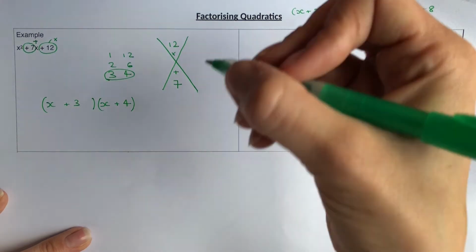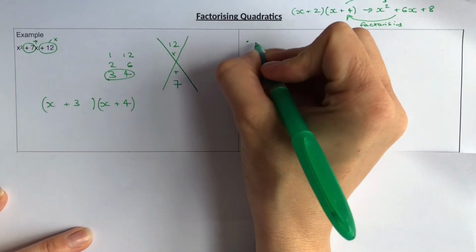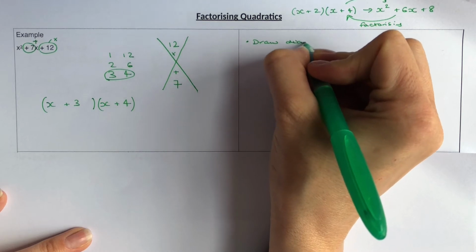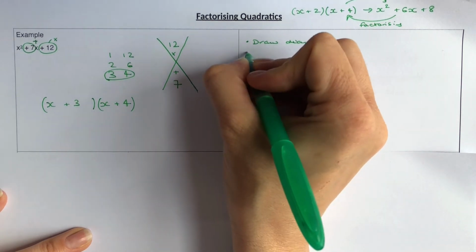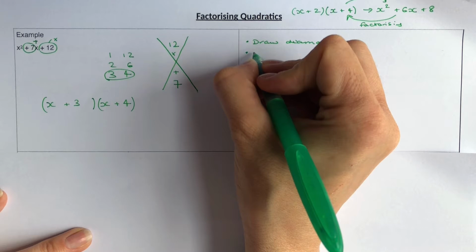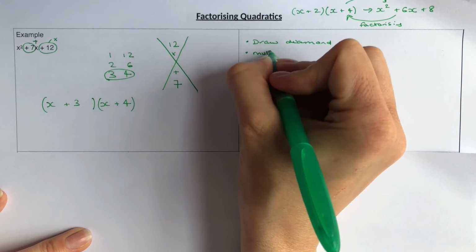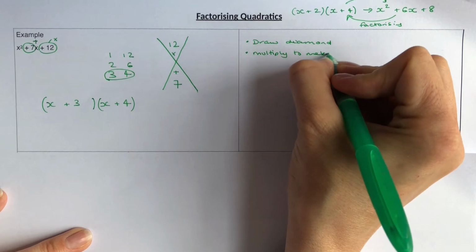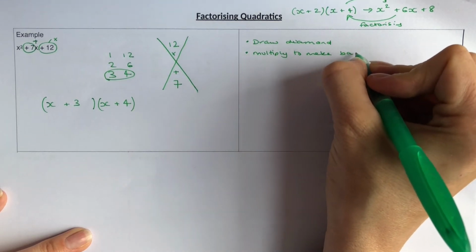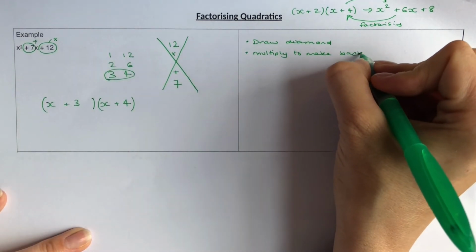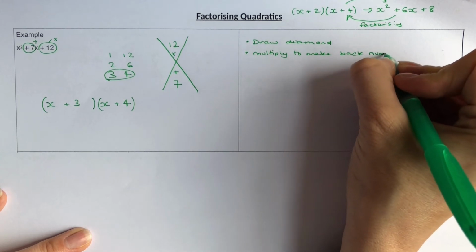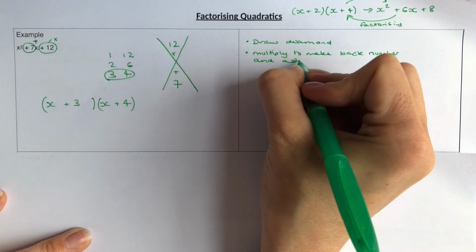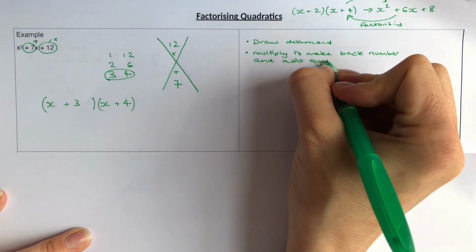Okay, let's write down a little how-to there. So the first thing we did was draw our diamond. Okay, so you need two numbers that multiply together to make the back number or the integer, and add together to make the middle.